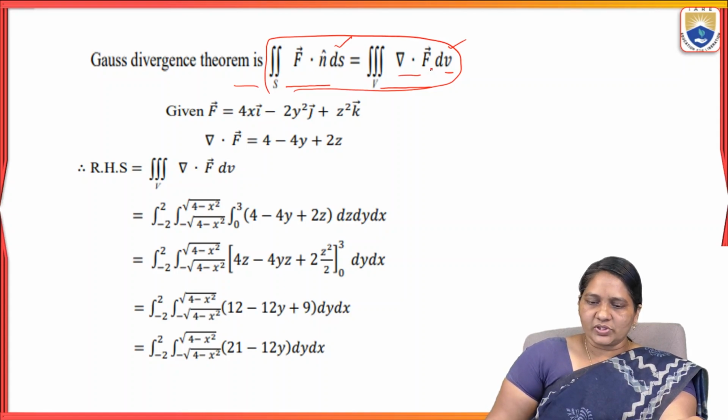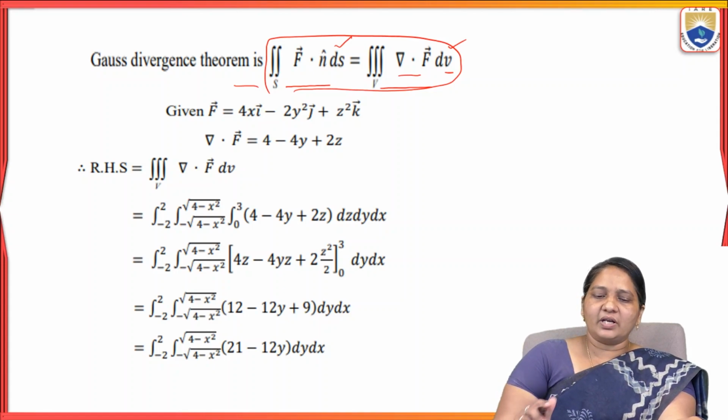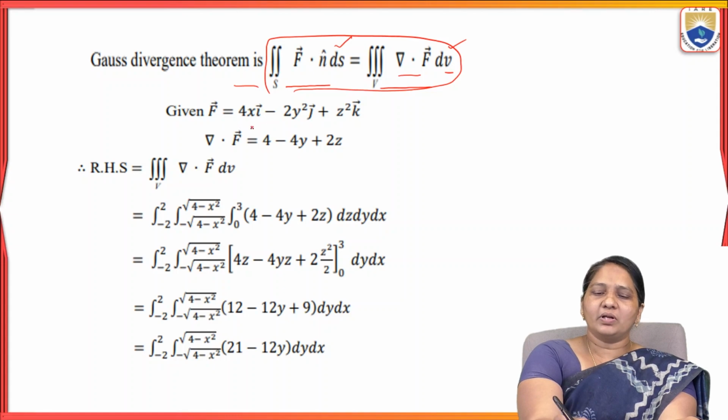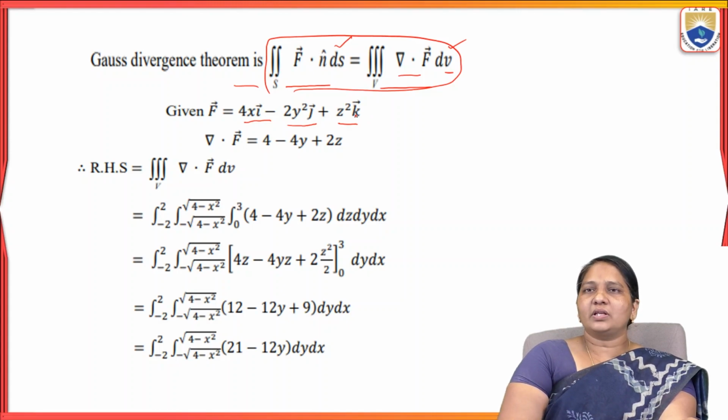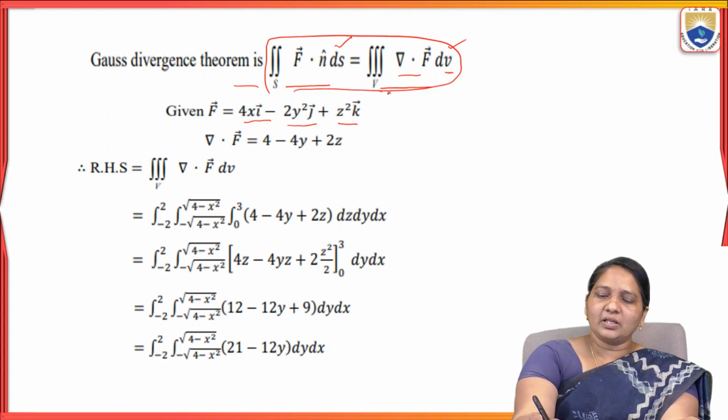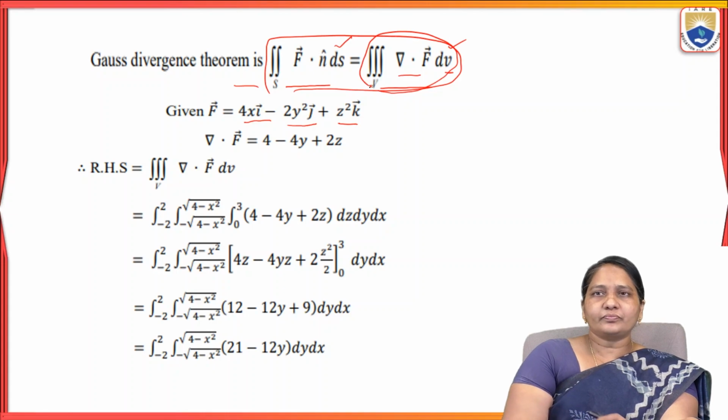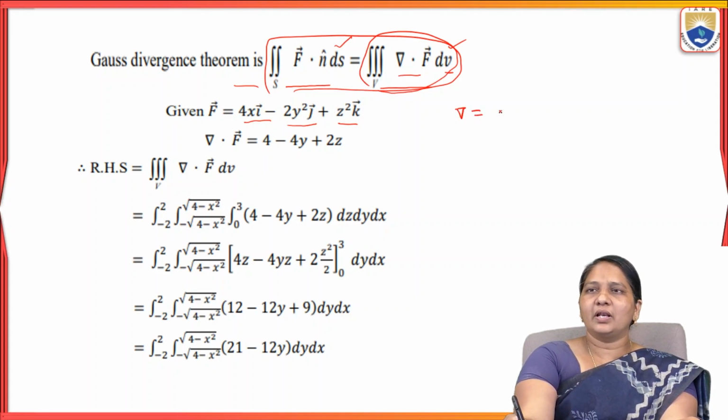First, the given data: f bar equal to 4x i bar minus 2y square j bar plus z square k bar. To calculate the RHS part, first I am doing del dot f. Already I told you the del operator: i dou by dou x plus j dou by dou y plus k dou by dou z.